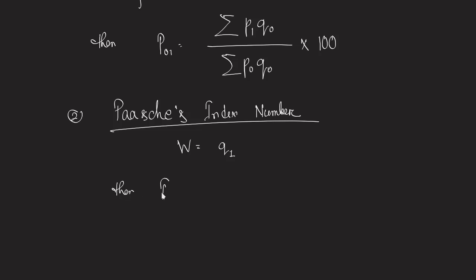So then p01 will be summation p1 q1 by summation p0 q1, where in place of w I write q1, multiply 100. So this is Paasche's index number.